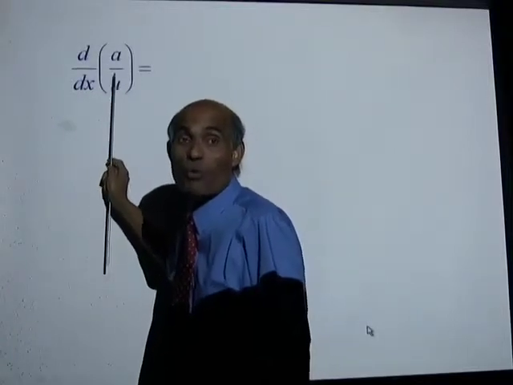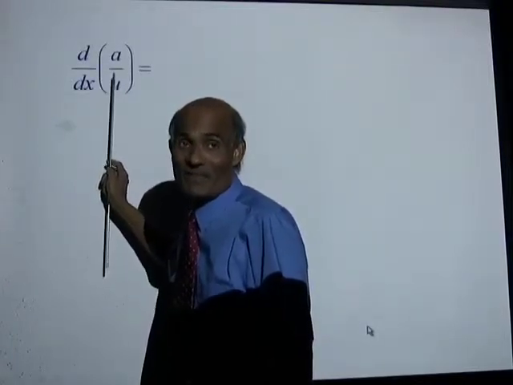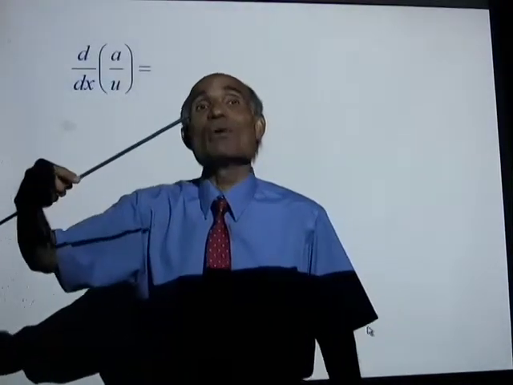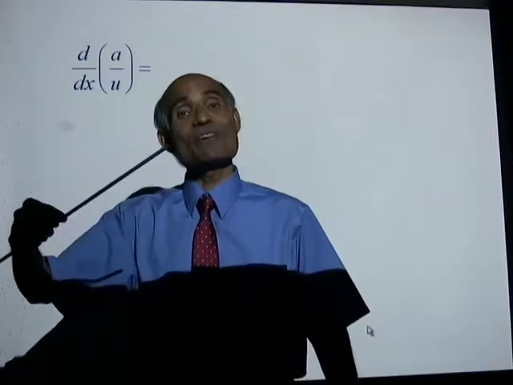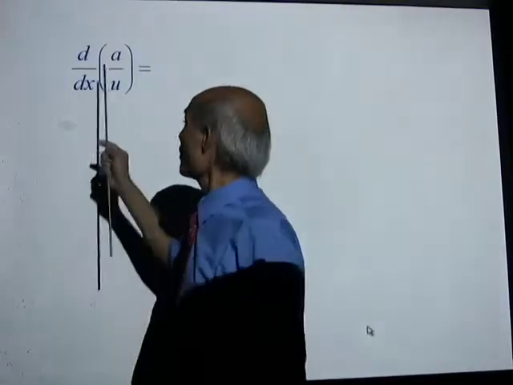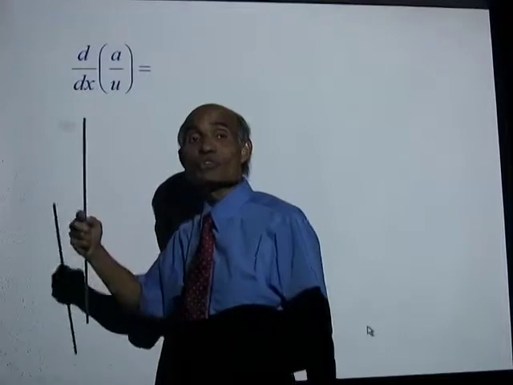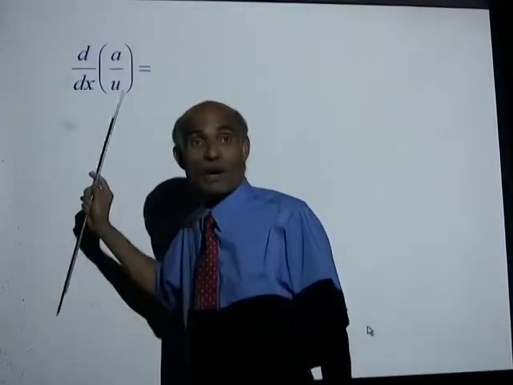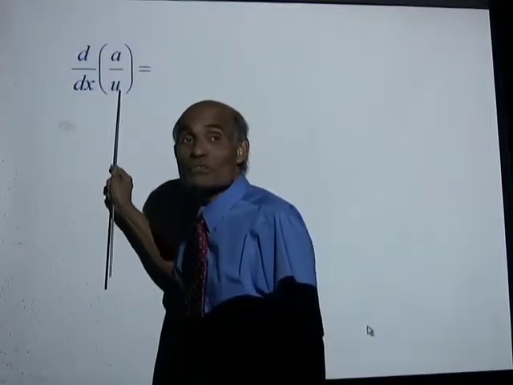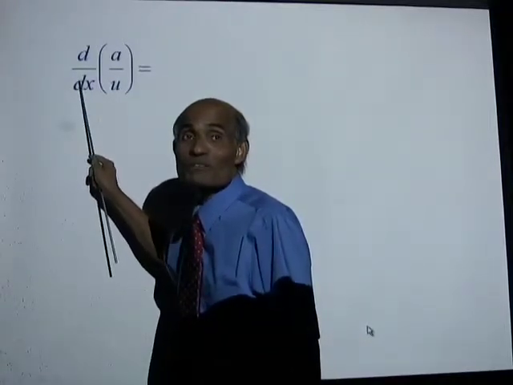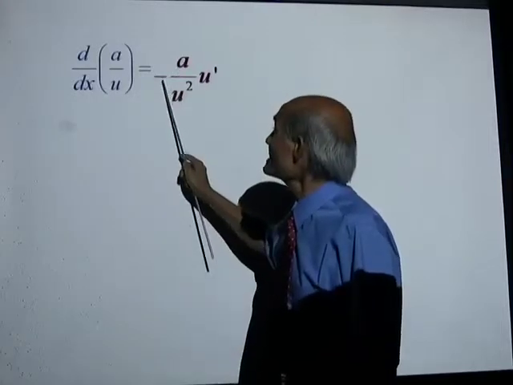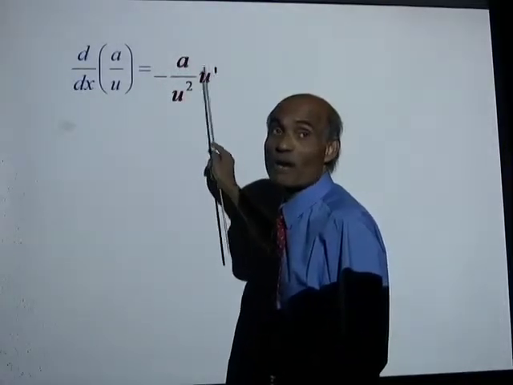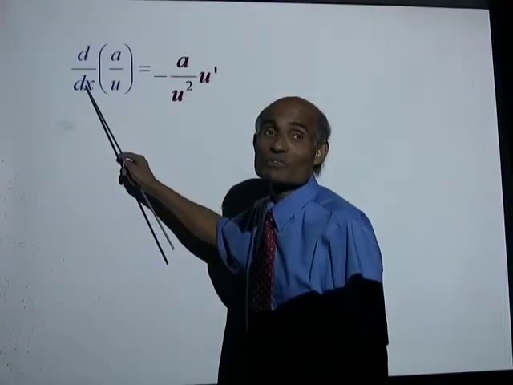So here U is the quantity, and you know that derivative of A over x is negative A over x squared. So derivative of A over U will be negative A over U squared times the derivative of U with respect to x. So that will be negative A over U squared times U prime, derivative of U with respect to x.